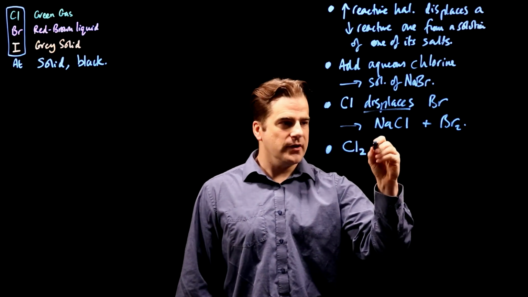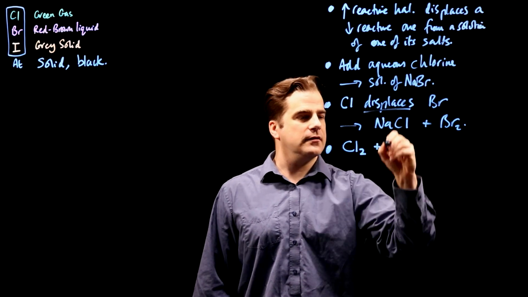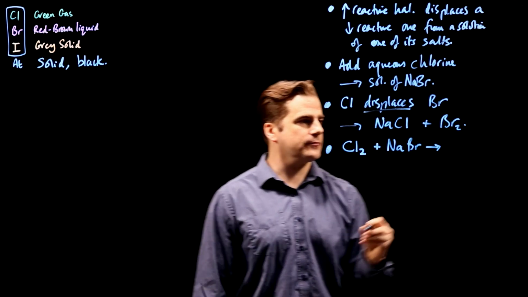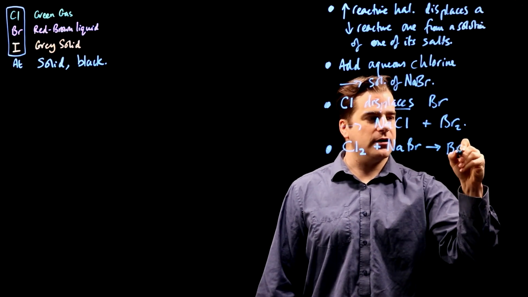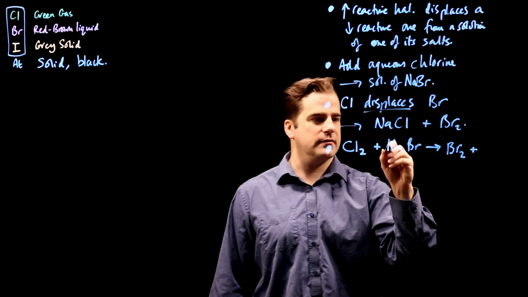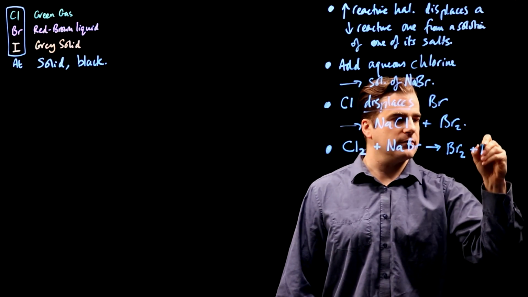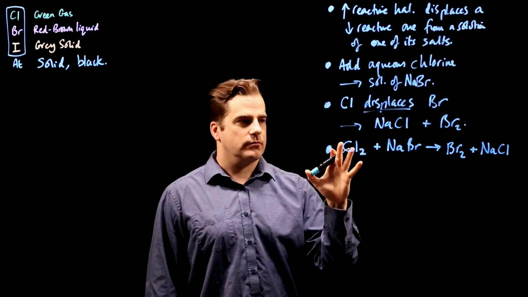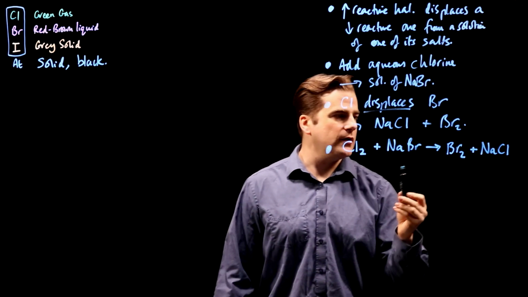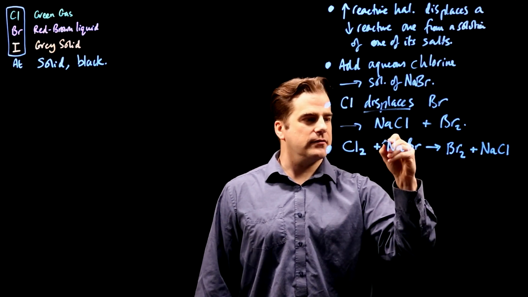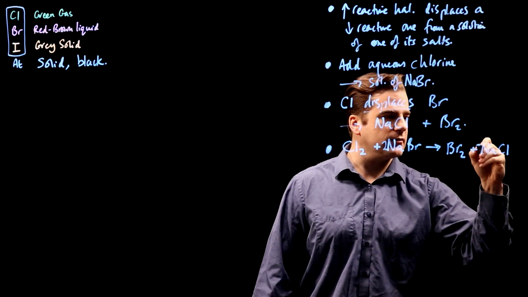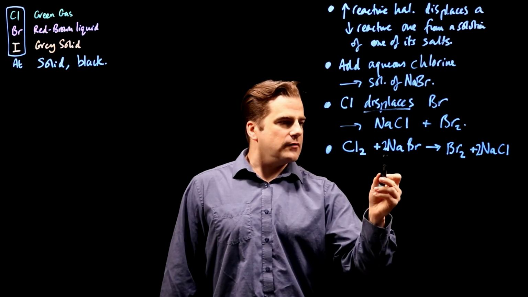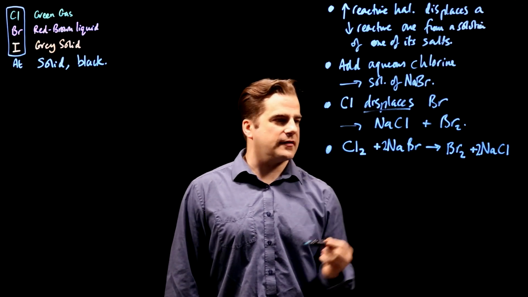So, chlorine plus sodium bromide goes to Br2 plus sodium chloride. Balance it as well. We're going to need a 2 there and a 2 there, I believe. 2 sodiums, yes. 2 bromines, yes, that's correct.